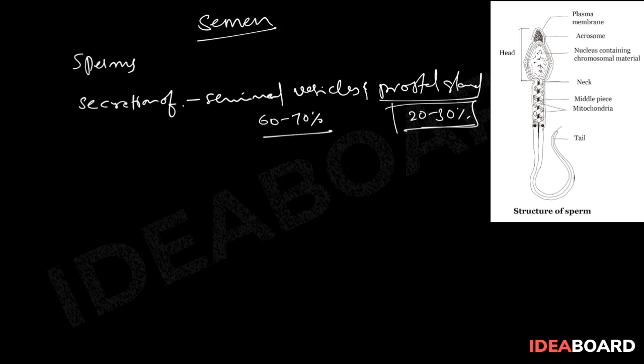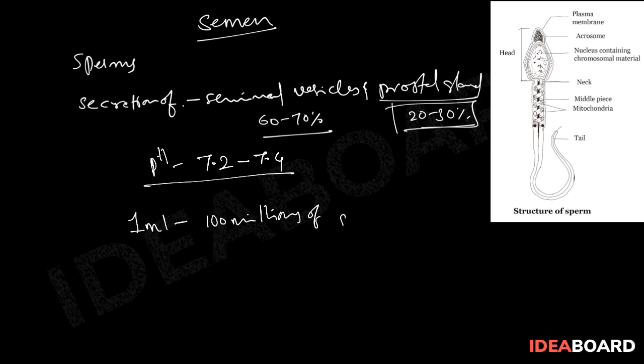The pH of semen is approximately 7.2 to 7.4. It is an alkaline fluid. Next, approximately 1 ml of semen consists of around 100 million sperms.